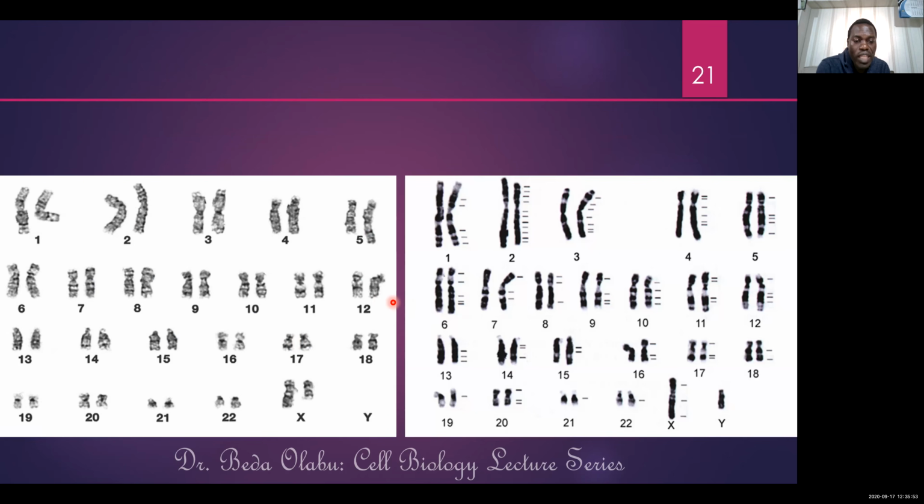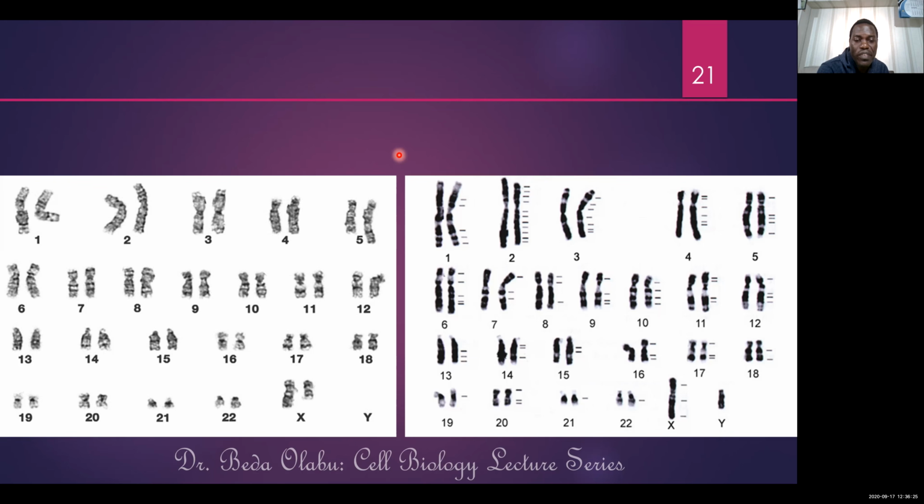I want you to look at the left karyotype as well as the right karyotype and tell me whether they are normal or abnormal. We are focusing on the number of chromosomes, not on the structure of the chromosomes. I haven't taught you anything about chromosomal structure, and I'm not going to, so let's leave that aside. We are focusing on chromosomal number.